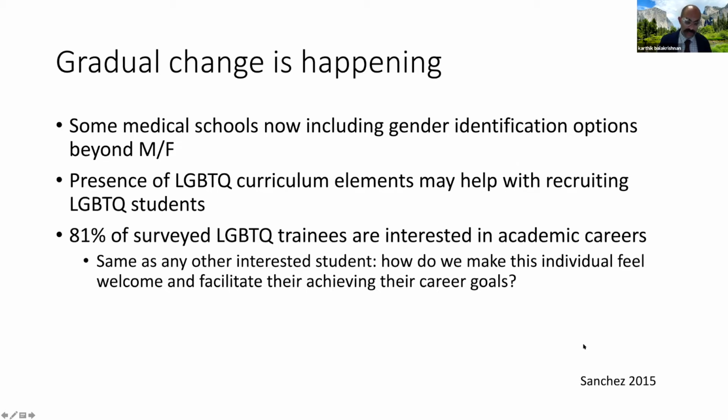There's some data that medical schools are starting to increase their LGBTQ-oriented curriculum elements as recommended by the AAMC, which may help with recruiting LGBTQ students. And just like any other group, a lot of medical students who identify as LGBTQ are interested in academic careers. So the same as any other interested student, we have to think about how we make those individuals feel welcome and facilitate their achieving their career goals.